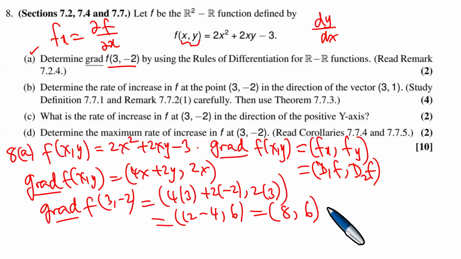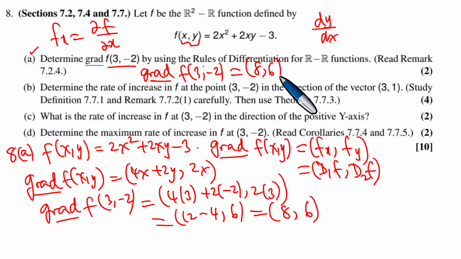So we're able to then say the gradient of f at 3 and minus 2 is 8 and 6. Okay, so we got the answer.